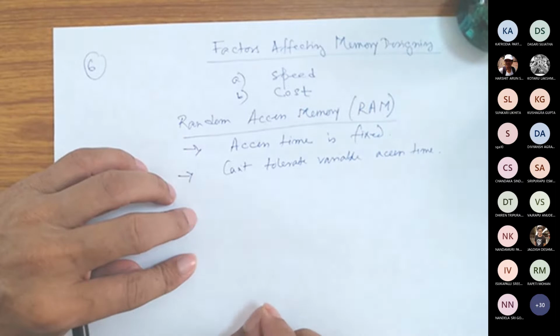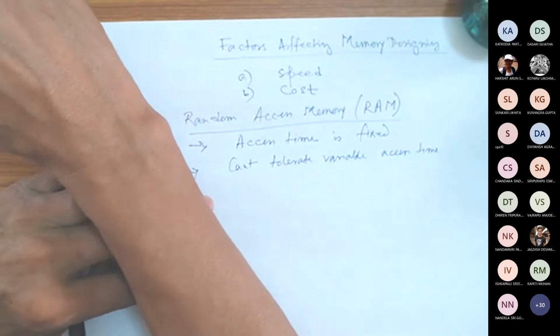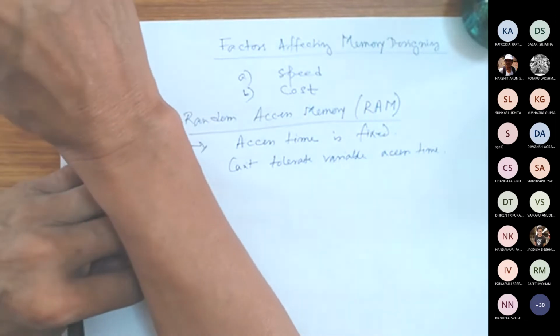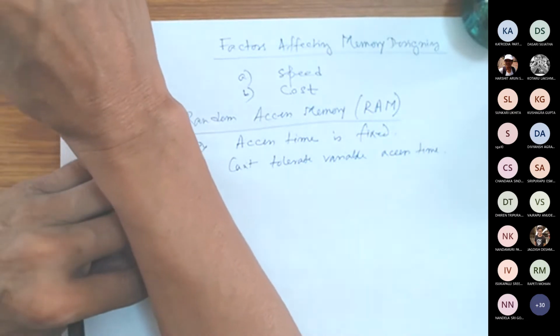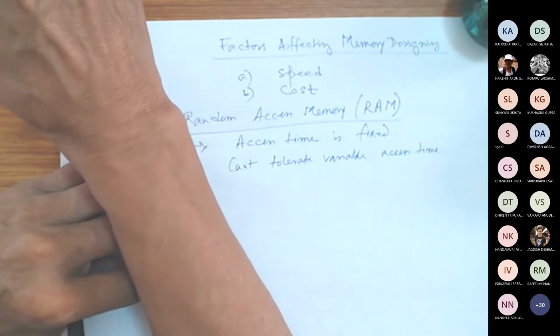That is the reason we get fixed access time, and that actually helps. If the access time is not fixed, then your pipeline designing will be very complex.